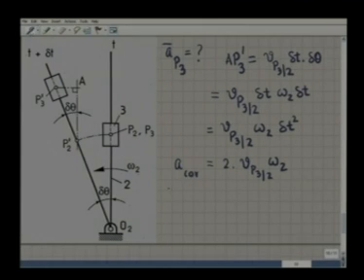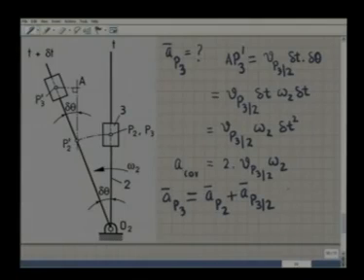As a result, we can write acceleration of P3 is equal to acceleration of the coincident point P2 plus whatever acceleration is along the slot which this observer sees for the point P3, that we denote by A P3 2, and the component which this observer misses, which is this A Coriolis, and that we can easily see by looking at the sign of the cross product twice omega 2 cross Vp32.